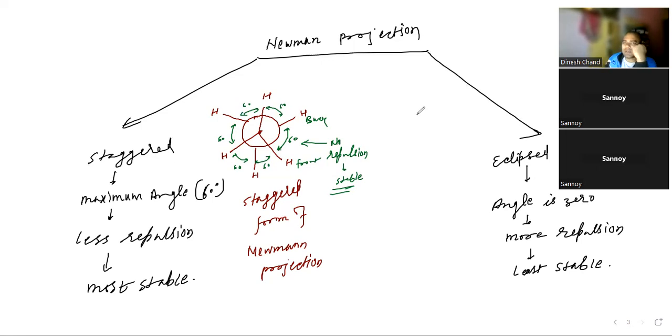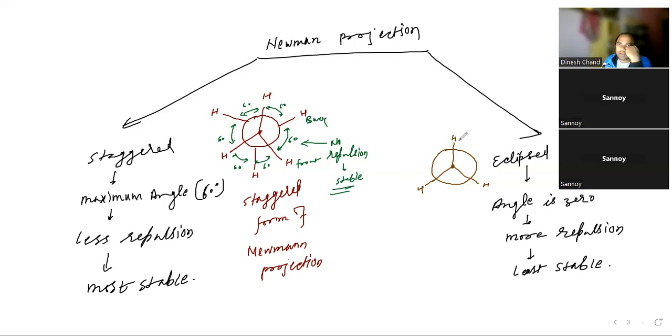Now let us see the eclipse form. Here we are making the eclipse form. This is the front carbon and this is the back carbon. Now this is the hydrogen of the front carbon. This is hydrogen, hydrogen, hydrogen. Now we are going for the other one.